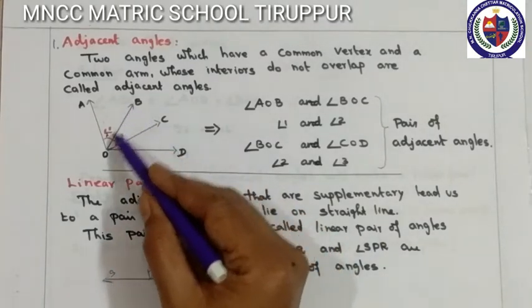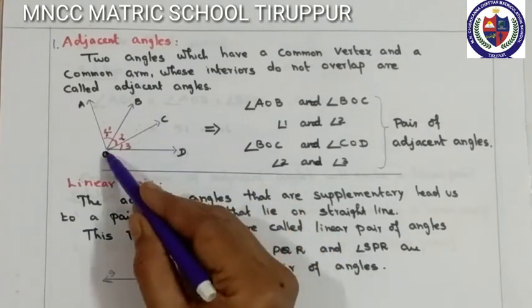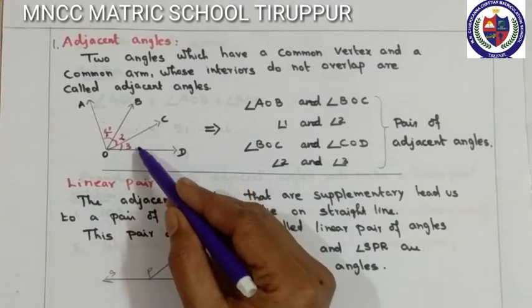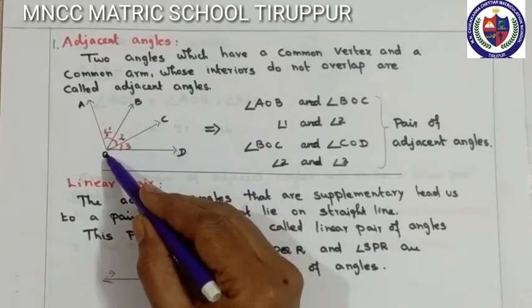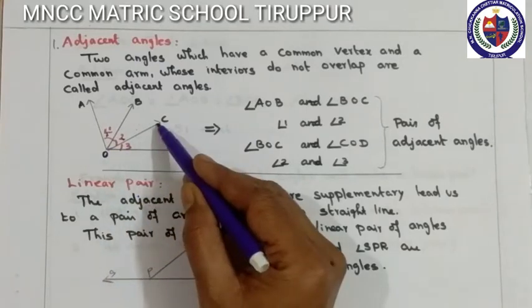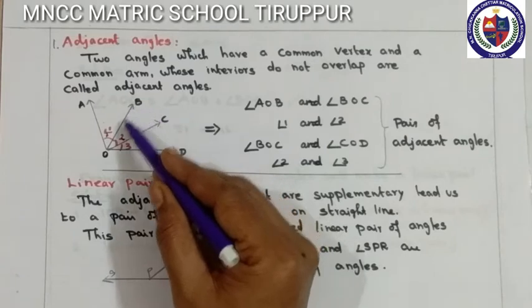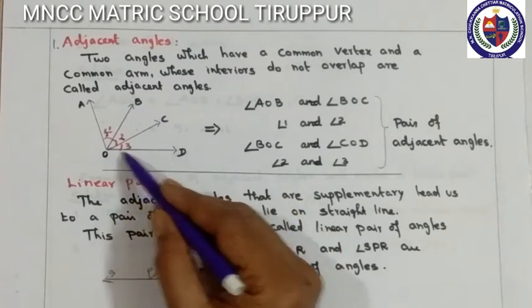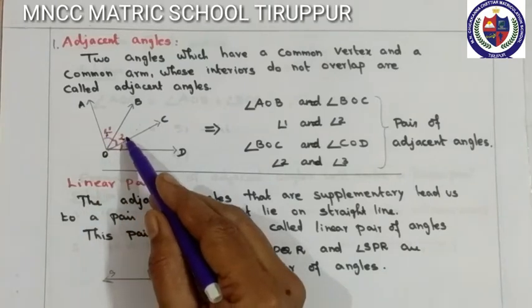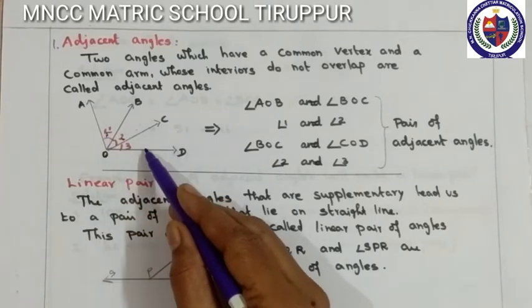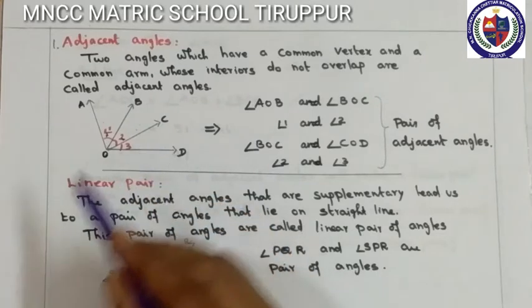Similarly, BOC and COD, angle 2 and angle 3, are adjacent angles. O is the common vertex and OC is the common arm between angles BOC and COD. So angle 1, angle 2 are adjacent angles, and angle 2, angle 3 are adjacent angles.